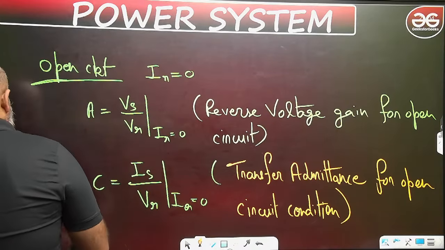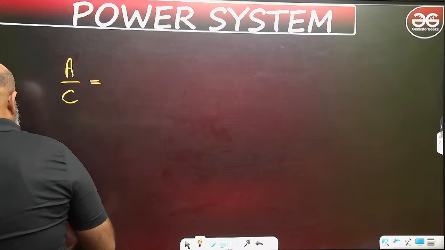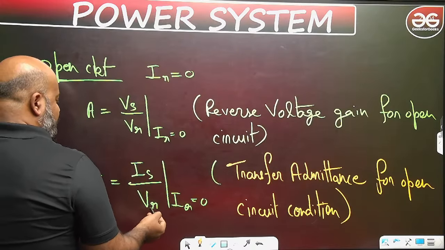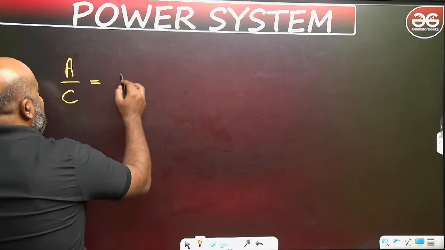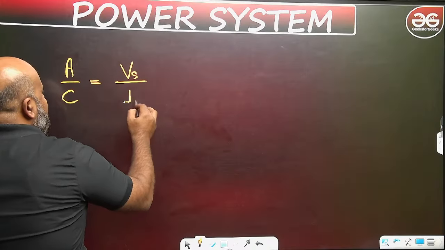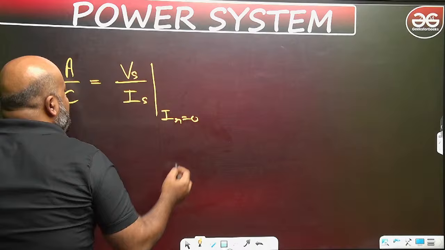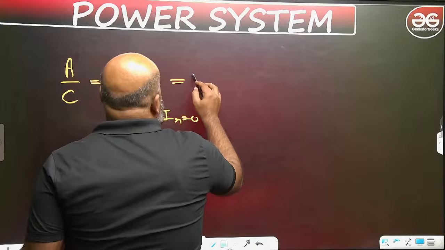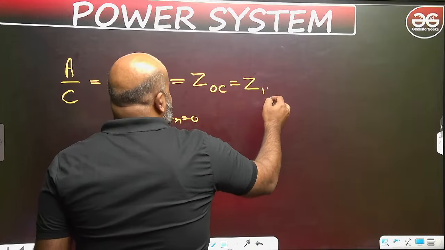You can divide these, so you will get A by C. What is A by C? VR is the same, IR is 0 condition is the same, so it is Vs upon Is, with IR being 0, that is the open circuit condition. This is nothing but ZOC, or it is also called Z11.